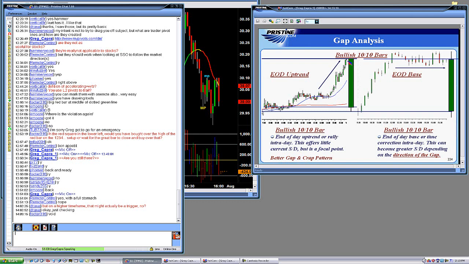Whereas the one on the left, if I had to write the scenario, I'd like a 30-minute high. And if this went sideways or chopped around, it was able to show the strength, the ability to hold up after this move higher. Well, that would be a good setup, looking for prices to move up.